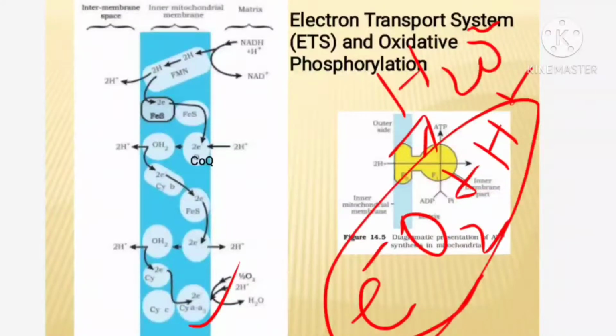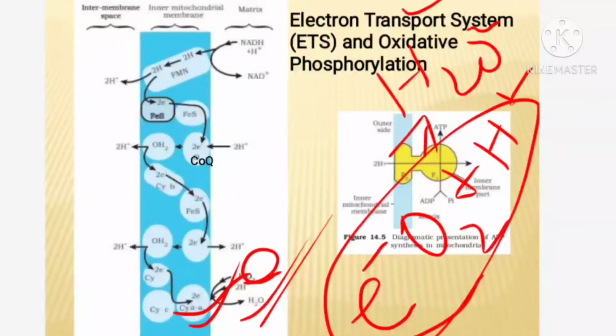But as such, in the electron transport system, who is the final acceptor of electrons? It is oxygen. At last, the electron is going to whom? This oxygen. These electrons react with the oxygen and combine with the hydrogen to form water. So, this is called the electron transport system.